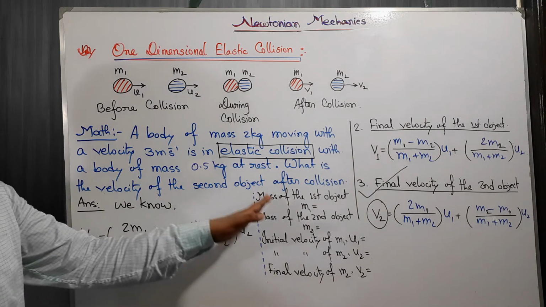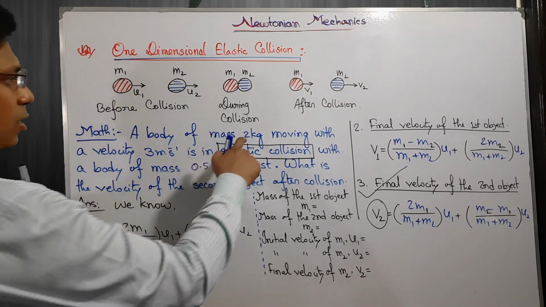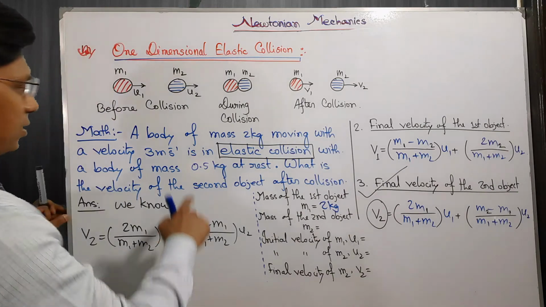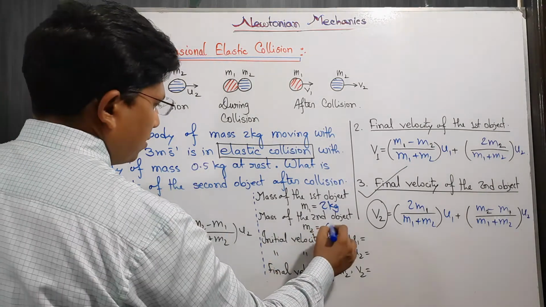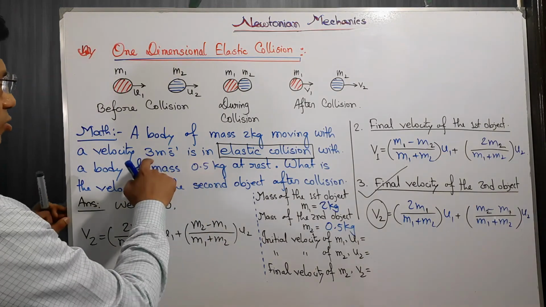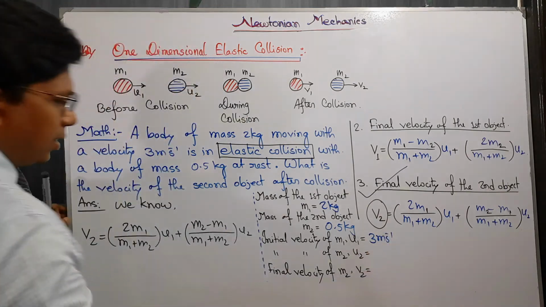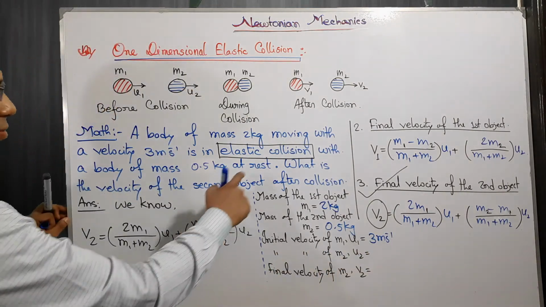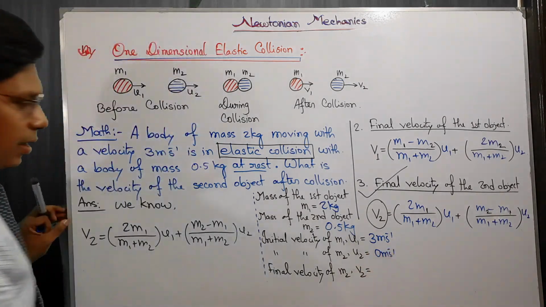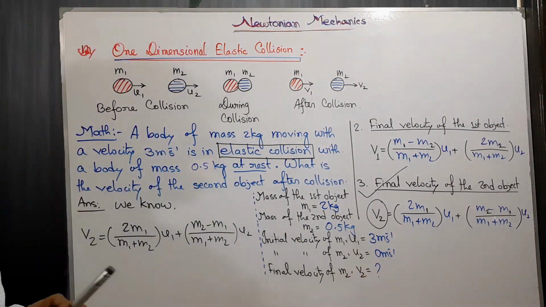Now the given values: mass of the first object is 2 kg, mass of the second object is 0.5 kg. The initial velocity of the first object is 3 meters per second, u1 is 3 meters per second, and the initial velocity of m2, the second object at rest, is 0 meters per second, and the final velocity of m2 is what we require.